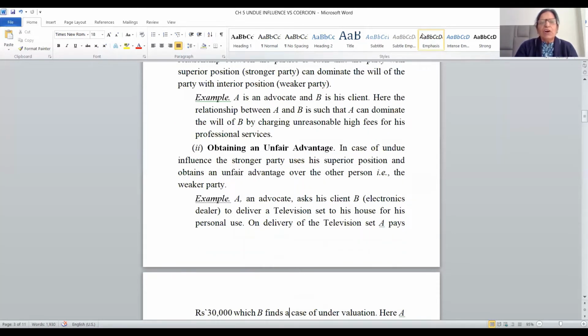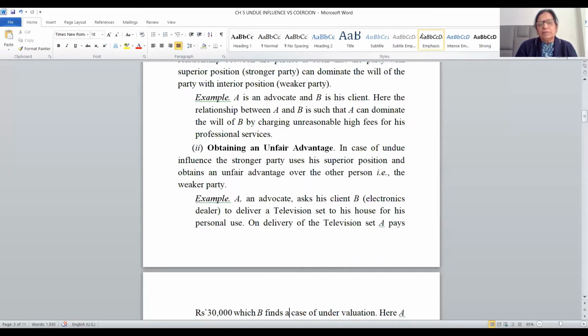The second element of undue influence is obtaining an unfair advantage. In case of undue influence, a stronger party may use his superior position and obtain an unfair advantage over the other. But we cannot generalize that in every case, the stronger party will definitely use his superior position and obtain an unfair advantage.